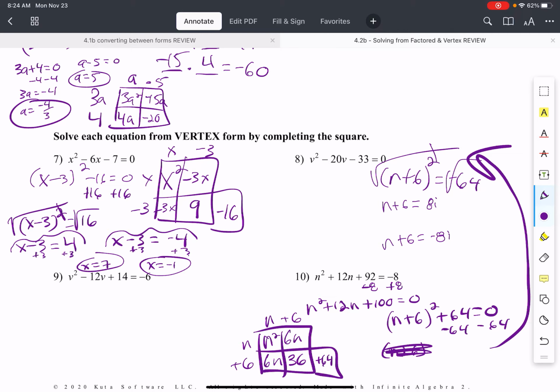Why is this one an i? Because it's negative. Good, I took a square root of a negative number. Okay? Is n by itself? No. Now, can I combine the 8i and the 6?